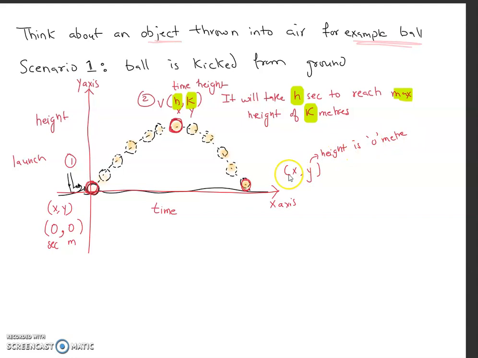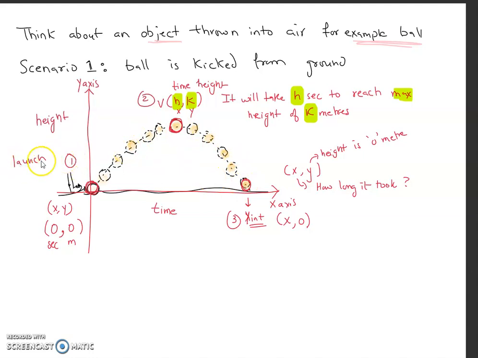We're interested in how long it took for it to come back and hit the ground. This point is your x-intercept. An x-intercept is always a point where y is 0. So this is our third major point: how long did it take for the ball to come and hit the ground, if it started at 0 seconds?